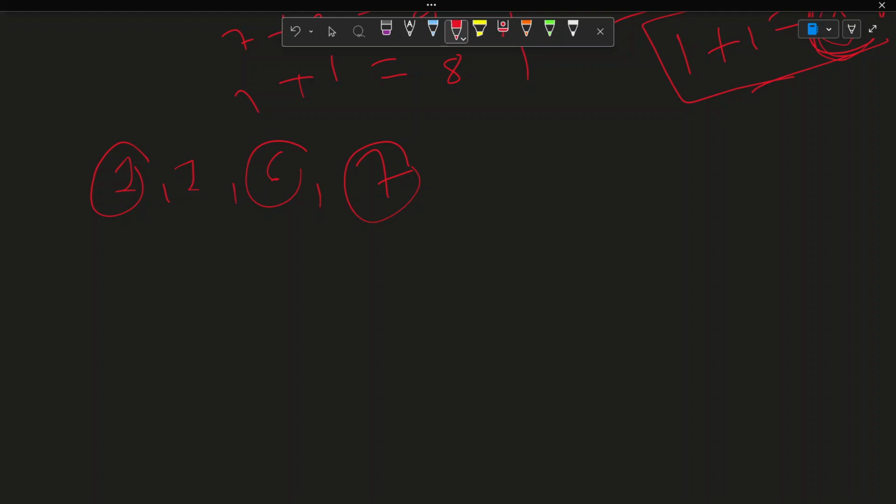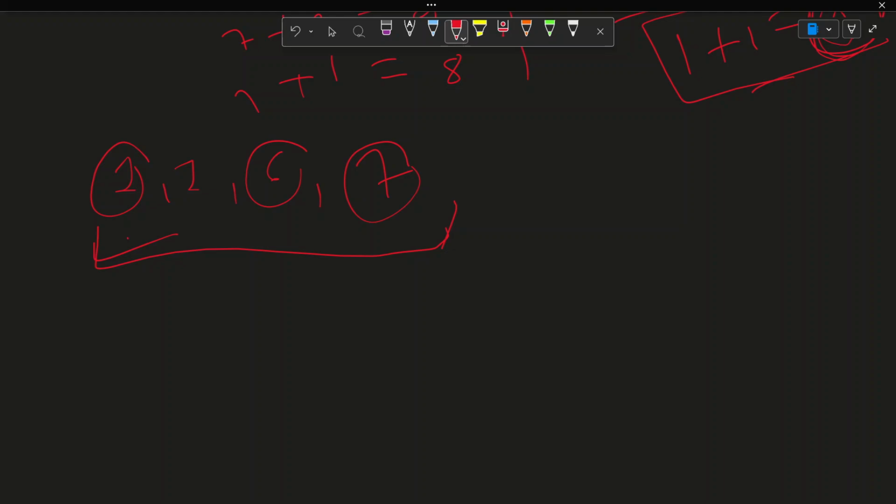Again I am telling you, whenever you have any option, in any question recursion is most applicable.